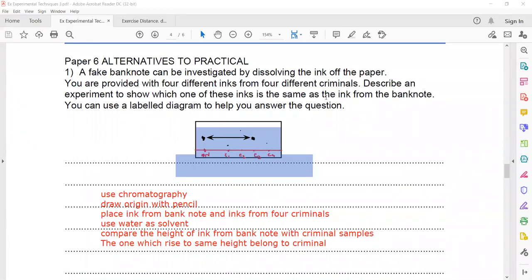The experiment: there's a fake banknote, not an original banknote, and there are samples of inks from four different criminals. So what we did, we took ink from the fake banknote and ink from the four different criminals, carried out chromatography, and checked the height to which the ink from the banknote and the ink from the different criminals rise. The one which matches or rises to the same height belongs to that criminal. So this fake banknote belongs to criminal 3 in this example. But you don't have to mention a specific criminal.